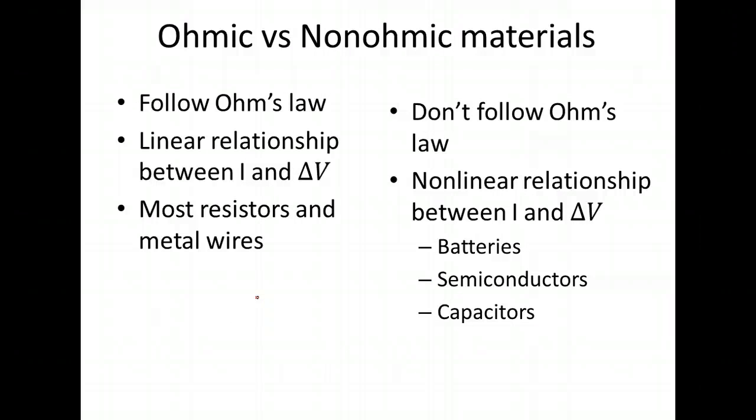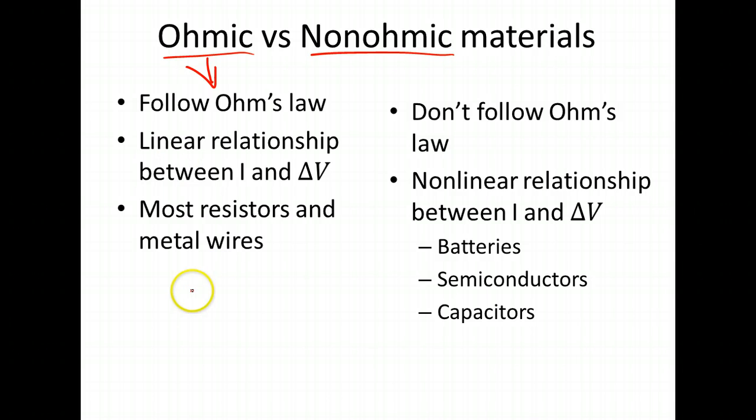There are materials that do obey Ohm's law, and there are materials that don't. Ohm's law isn't like the law of conservation of energy in that it is always, always, always true. So we have what we call ohmic and non-ohmic materials. Ohmic materials are things that follow Ohm's law.